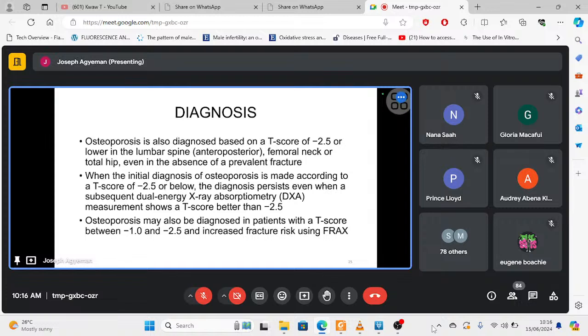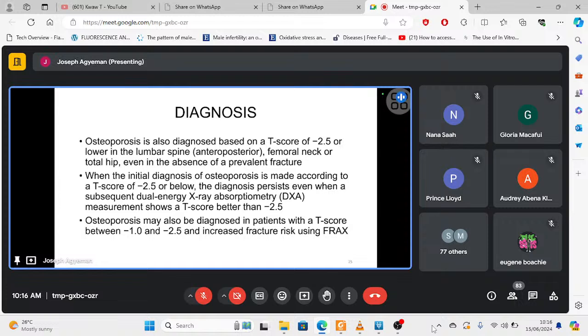But if you have ever had a measurement that is below -2.5, it doesn't matter what future measurements show. Even if you improve, probably you will be on drugs, so it can become better. Even with that, since you have ever made that measurement, it still doesn't delete the presence of osteoporosis. So osteoporosis, once diagnosed, is always there, even when you become better, unless maybe it goes above and becomes a positive deviation.